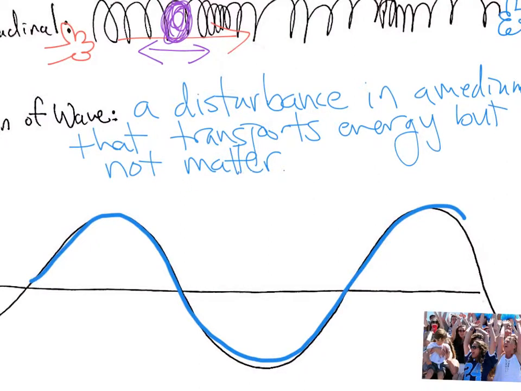So if we were considering a little water molecule right here, and here's the shore over here, and the waves, let's say, are going in this direction. In some ways it's counterintuitive, but this water molecule does not move in towards shore. It just sort of goes up and down like this, and it's the energy within the wave itself that goes this direction.